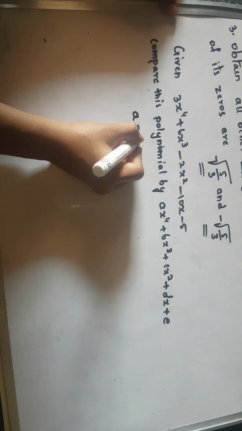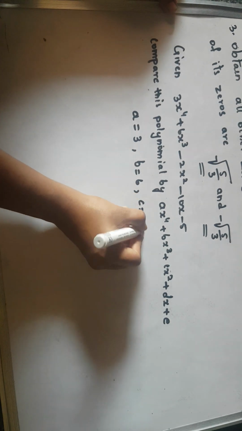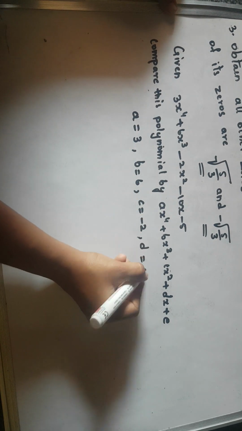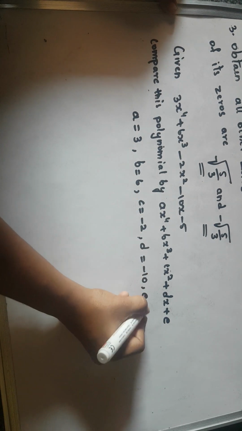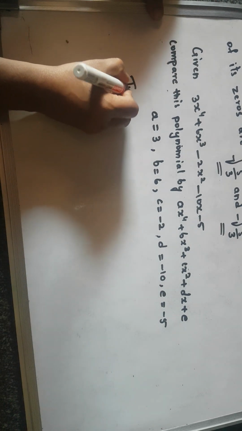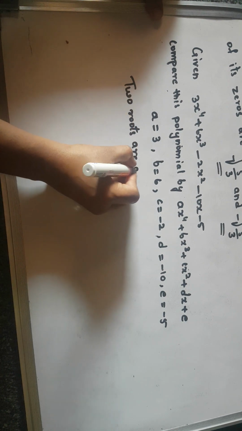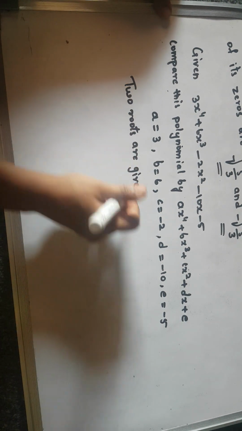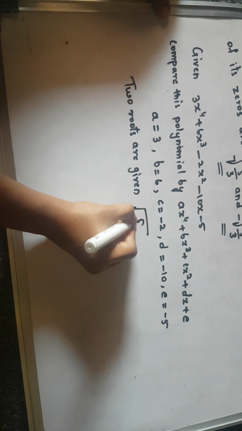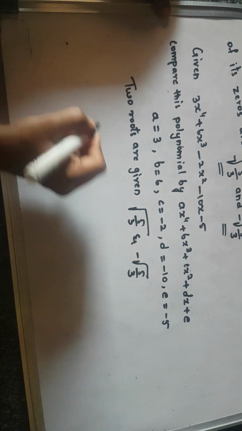What is the value of a here? 3. B value will be 6. C value will be minus 2, D value will be minus 10, E value will be minus 5 here. And two roots have been given. Okay, now what are the two roots? Root 5 by 3 and minus root 5 by 3.